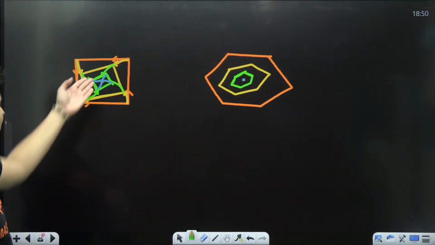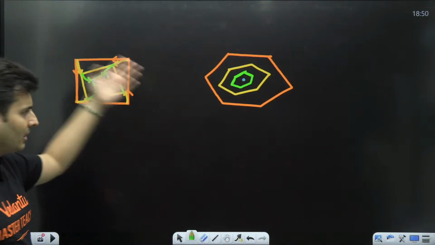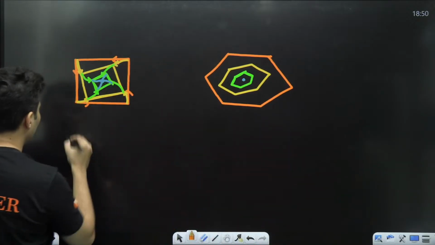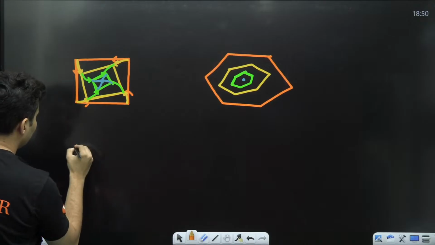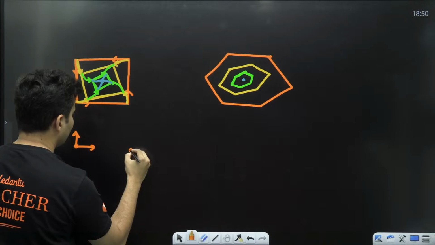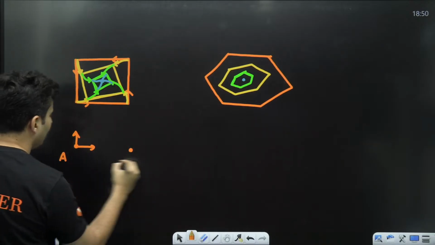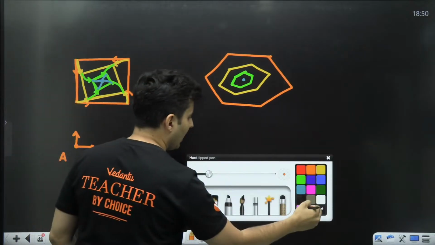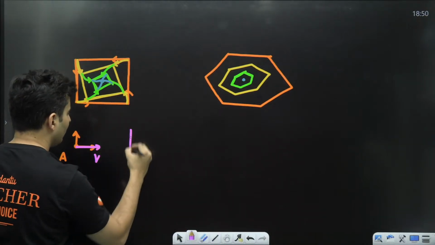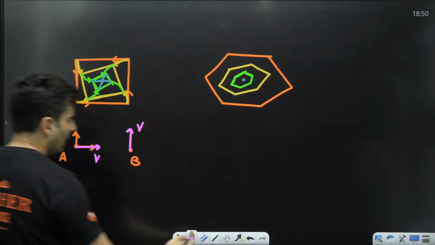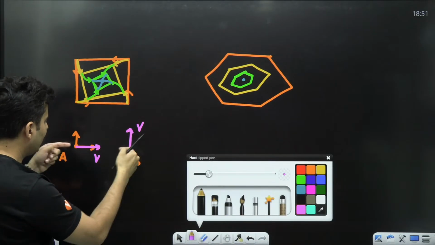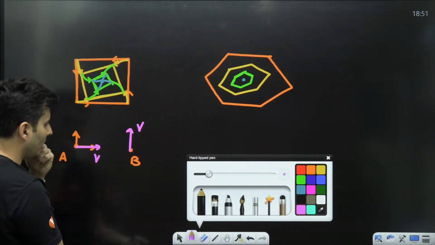Obviously, now you can do the same thing for quadrilaterals or hexagons, pentagons. For example, for this one, if I sit over here and look at this particular object, this is A, let's say this is B. I would notice A is going with velocity V, B is going with velocity V like this, and there is no component of B in the direction of A. Oh, interesting.